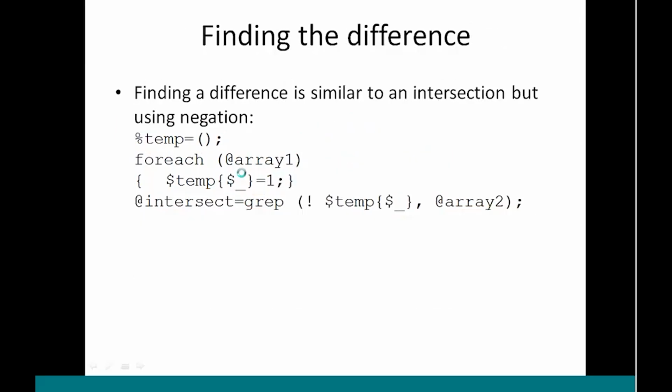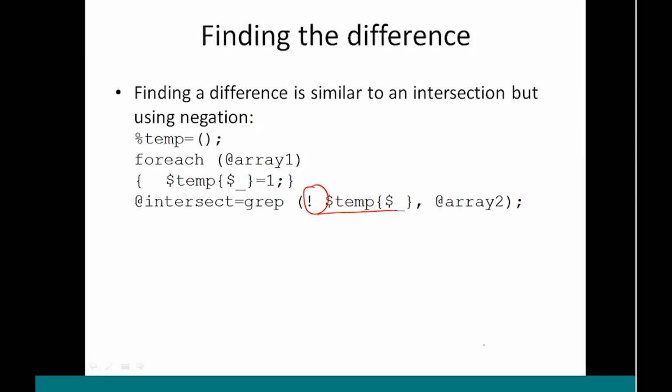What if you want to do a difference of two arrays? All we got to do is negate the search condition essentially. So we build the same array. Only thing is when we do the grep, we put a bang in front of the $temp{$_}.